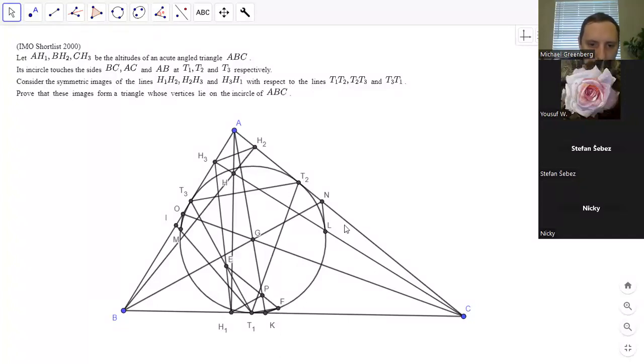There's a couple different ways to think about this. So we would draw a parallel through H1 to BN, and we let it intersect the bisector at P. That's one way to think about it.